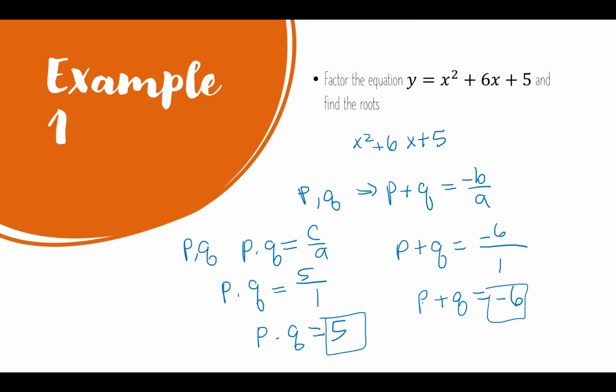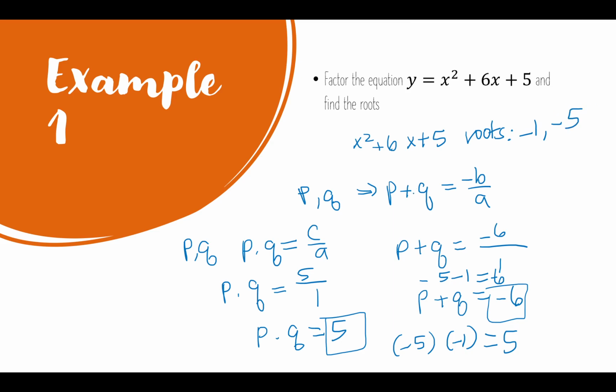In this case, these two numbers will be -5 and -1. As we can see, -5 times -1 is 5, and -5 minus 1 is equal to -6. Therefore, our roots are -1 and -5.